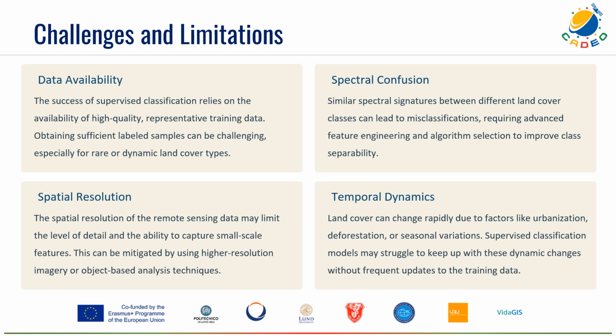In cases where the spectral, spatial, or contextual characteristics of the classes overlap significantly, the classification algorithm may struggle to accurately distinguish between them. This challenge is further exacerbated in complex, heterogeneous landscapes where the land cover classes exhibit high degrees of spatial and temporal variability.